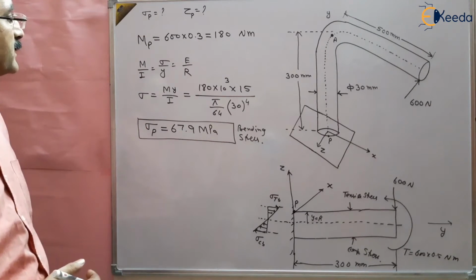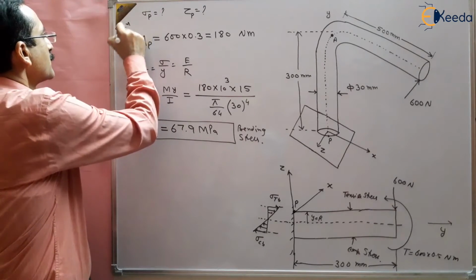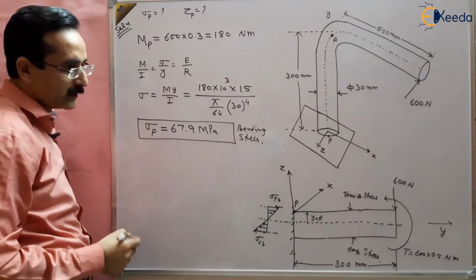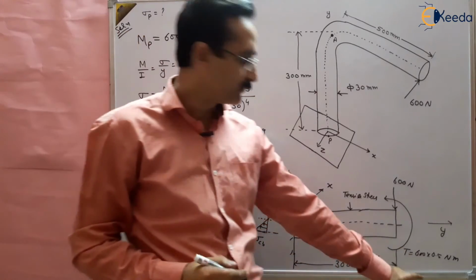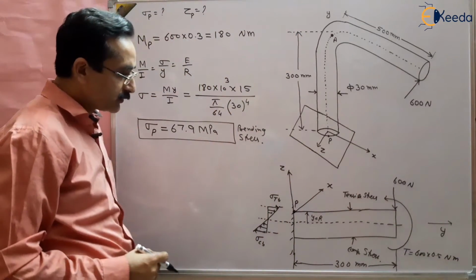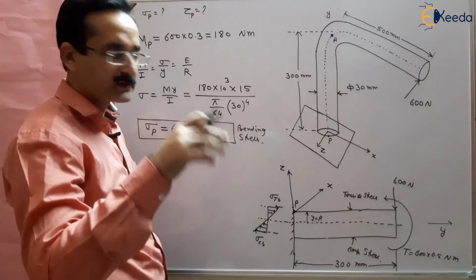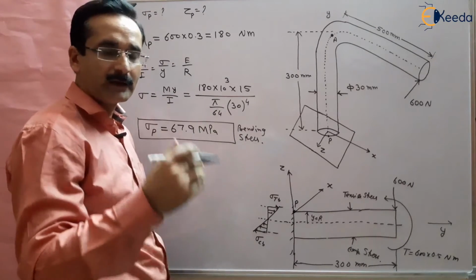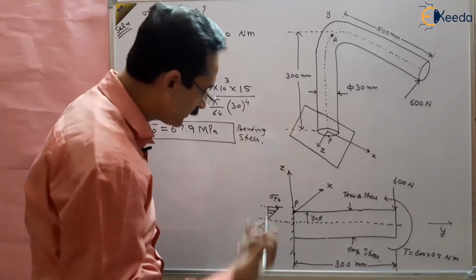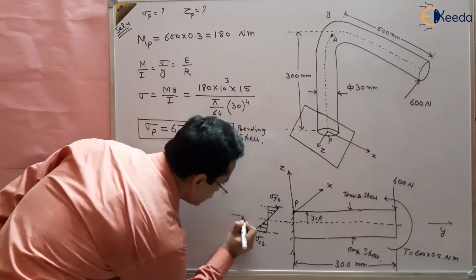Next we have to find out the shear stress. How to find out shear stress? Shear stress is due to the torque applied, that is 600 multiplied by 0.5 Newton meter. The shear stress varies due to torsion. It varies linearly, and it is maximum at the outer fiber and 0 at the neutral axis.